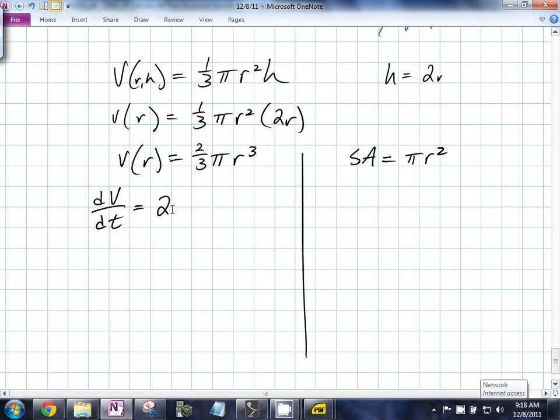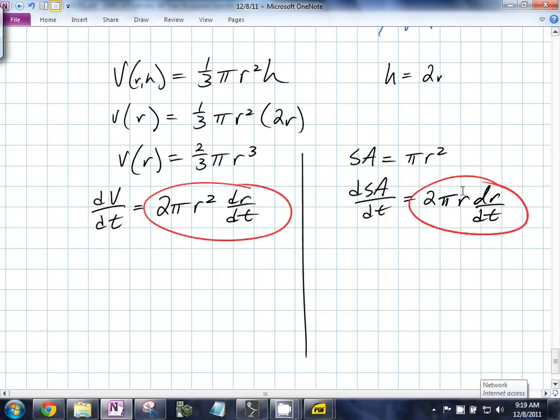We're trying to show that we want these two things to be related, directly proportional. So let's take a look. 2 pi r squared dr/dt over pi r squared. Remember, if f of x equals k times g of x, f and g are said to be directly proportional.